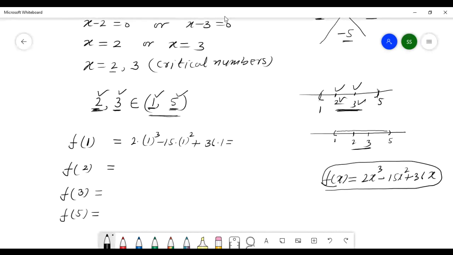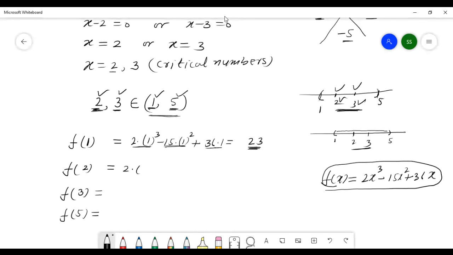When you solve you will get 23. 1 to the power 3 is 1, and 2 times 1 is 2. 1 squared is 1, and 15 times 1 is 15. So 2 minus 15 gives minus 13, and 36 times 1 is 36. So 36 minus 13 gives 23. Right?